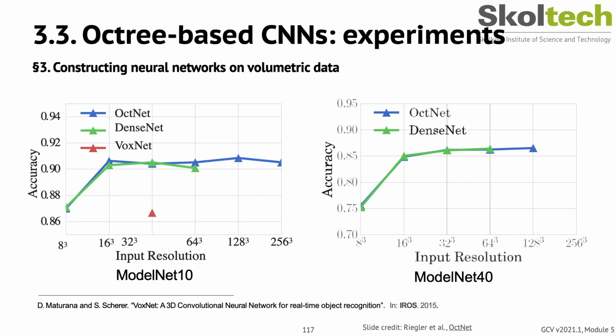However, what is important for the ModelNet dataset is that you only need a resolution on the order of 16 cubed to be able to capture most of the geometric variability in the dataset. In this case, this is a classification task. So other tasks such as, for example, rotation estimation are needed to actually characterize the performance of the octree net at higher resolutions.